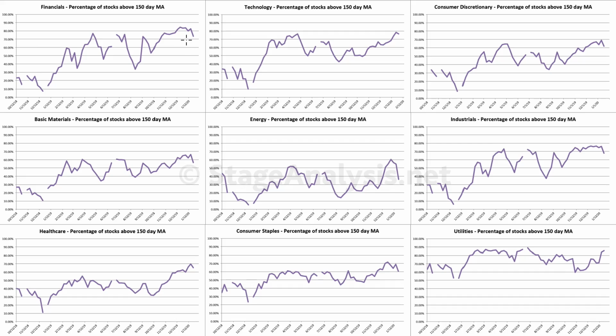As you can see, we've had some strong pullbacks this week. Financials moved from above 80% and pulled back into the lower 70% range here. Tech had a small pullback this week, still above the 70% level. Consumer discretionary pulled back below a more recent swing low there.